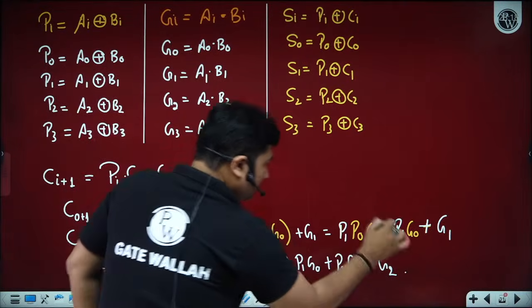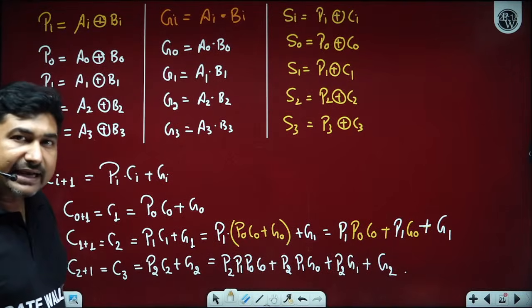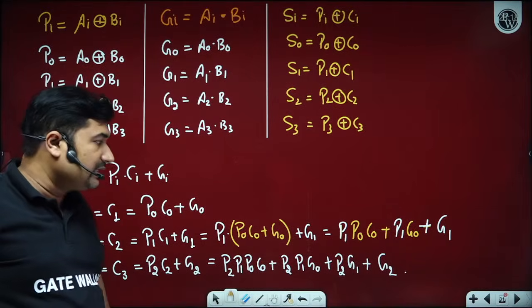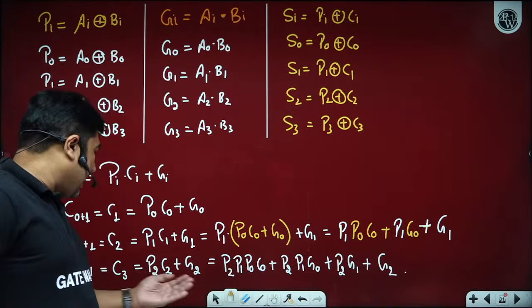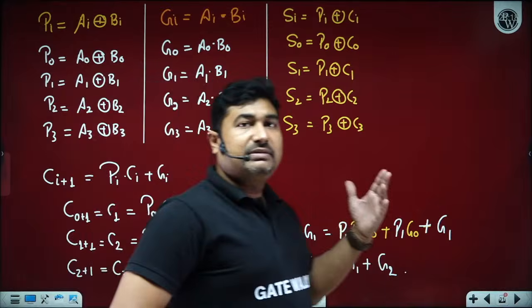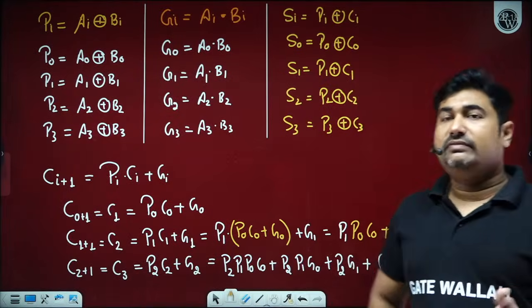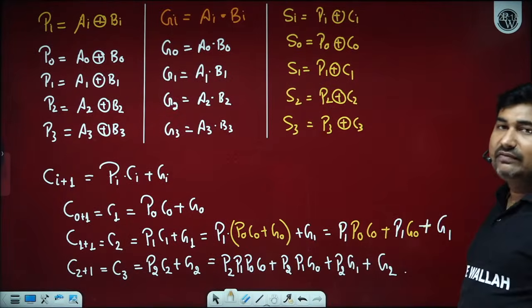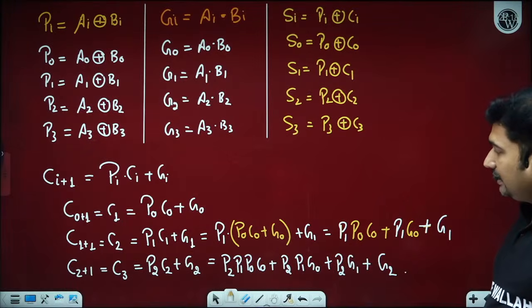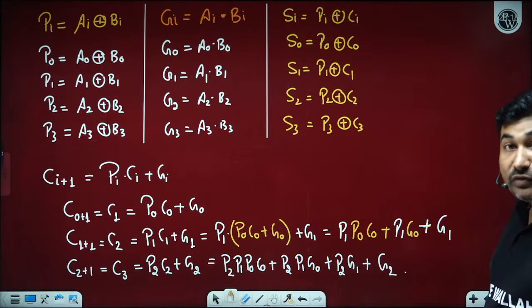So with the information of initial carry C0 and all propagating and generating terms, we can have C3 at the same time when we have C1 and C2. In the same way, we can generate C4 as well.